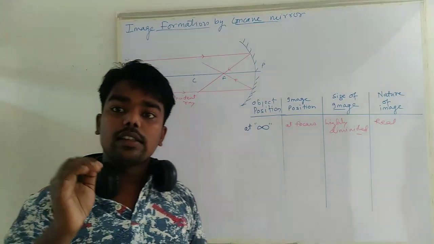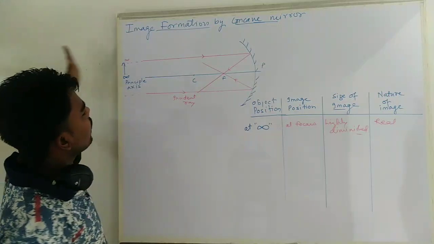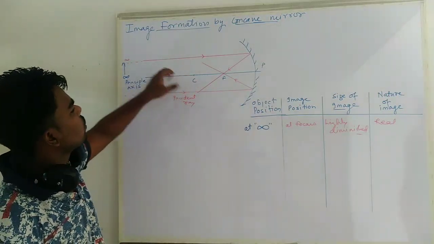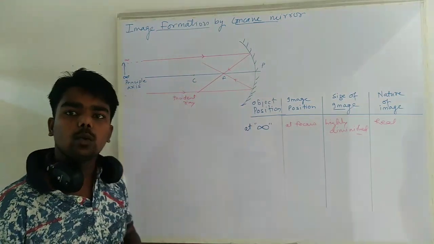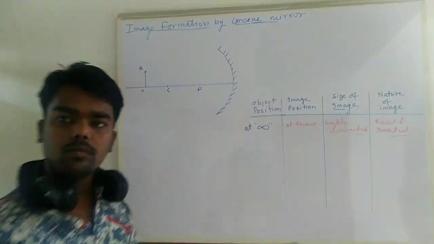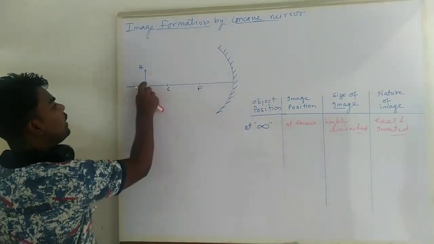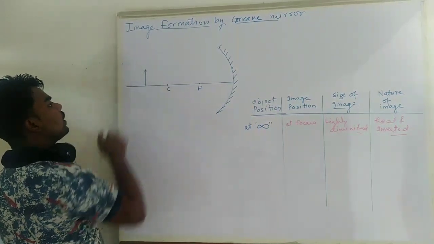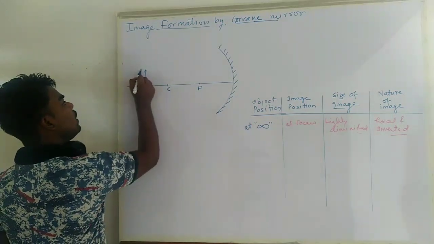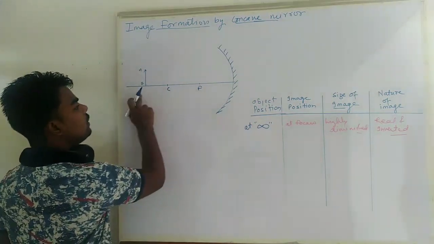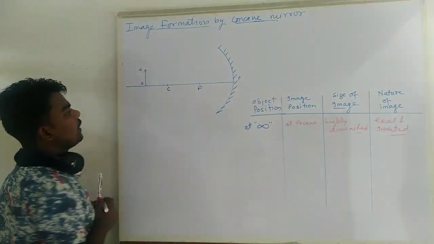Now we will see the second case where the object can be placed. It was at infinity; now we can take it a bit nearer. So we will place it here, behind C. Now we will see the second case, when the object is placed behind C. This is an object AB, which is placed behind C. This is the pole of the mirror, this is the focus point, this is the center of curvature.